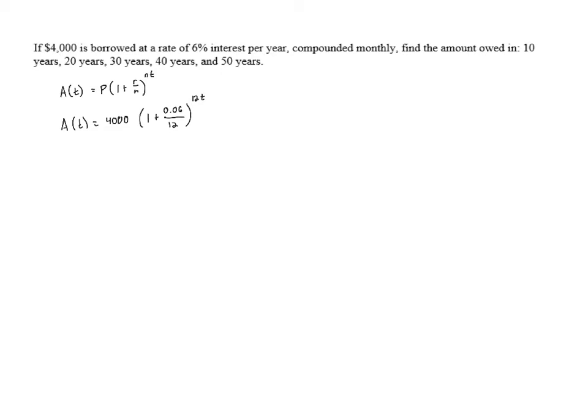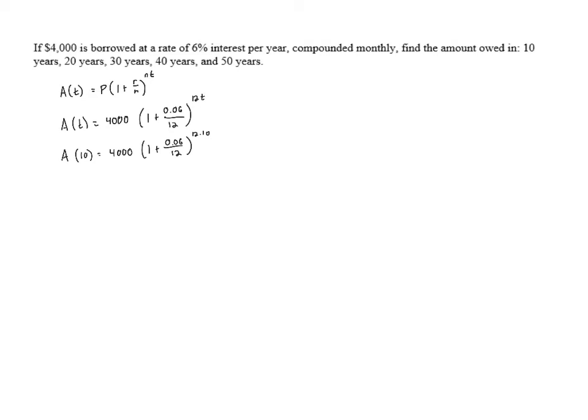So what we need to do is evaluate this function when t is 10, 20, 30, 40, and 50. Let's look at 10 first. We have A(10) = 4,000 times (1 + 0.06/12) to the 12 times 10 power.